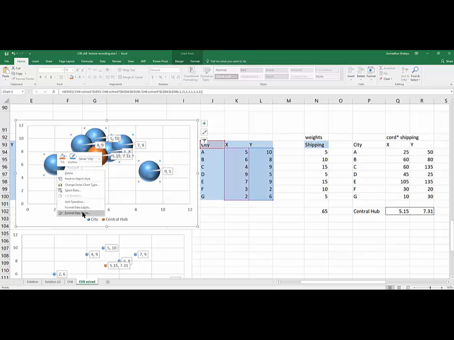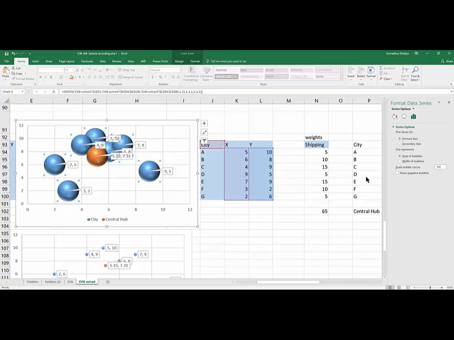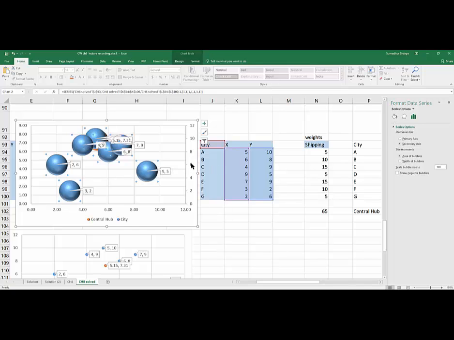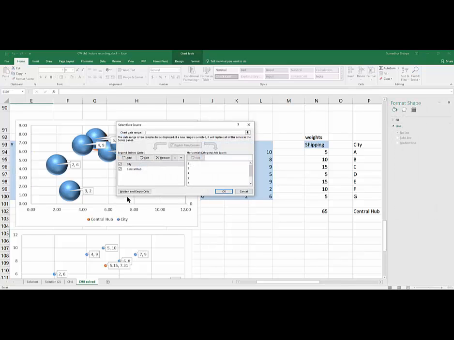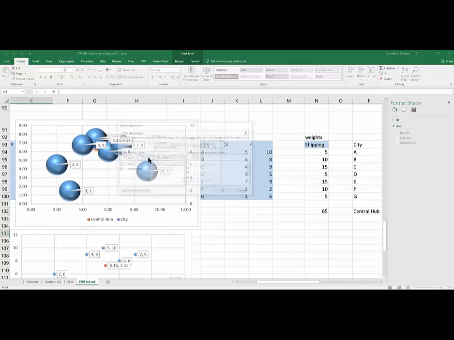I also want to then right click, format series, and plot series on secondary axis such that this shows up. Then I right click here and say format axis, select data, city, edit, and choose the bubble size.